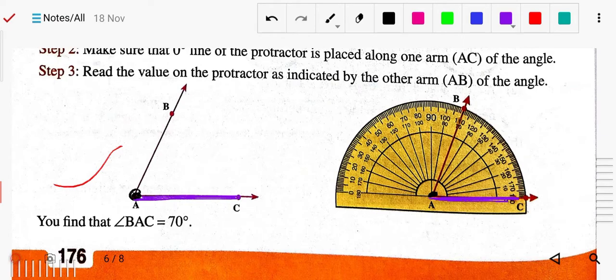Then we measure this angle: this is your baseline, you start from here, and we measure from here to here.